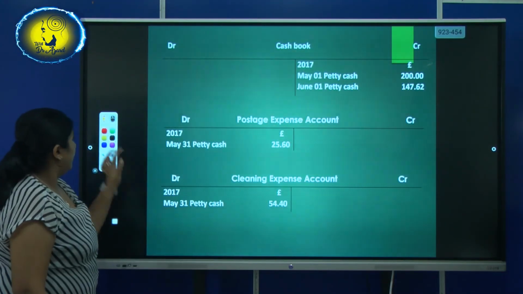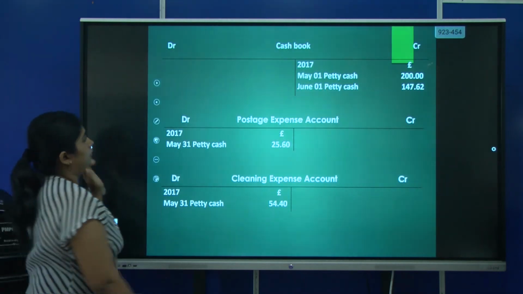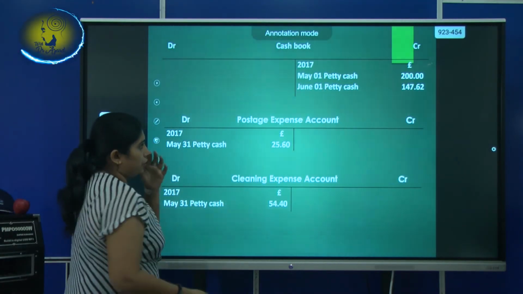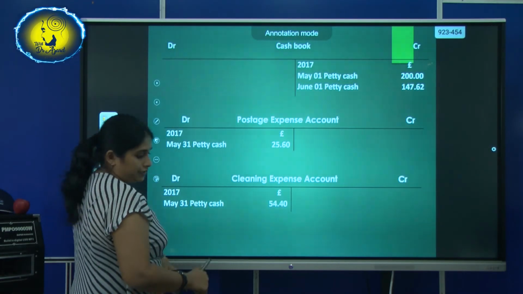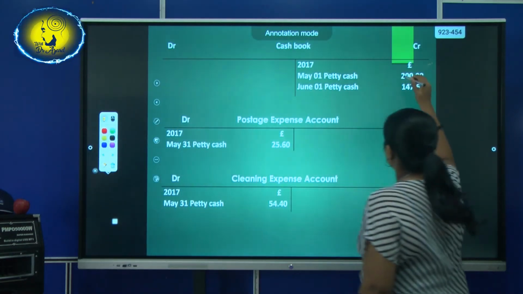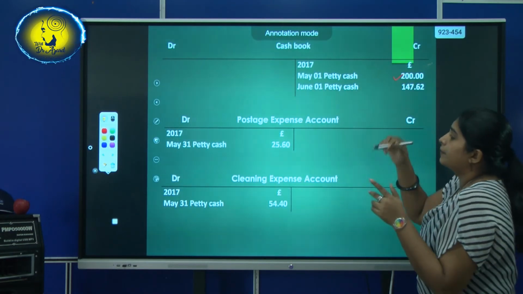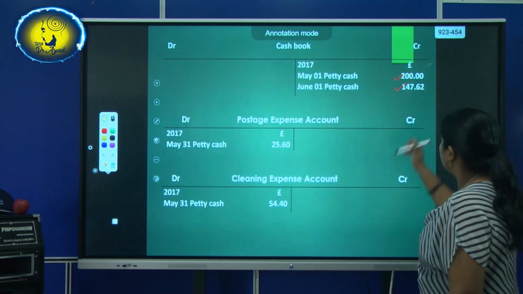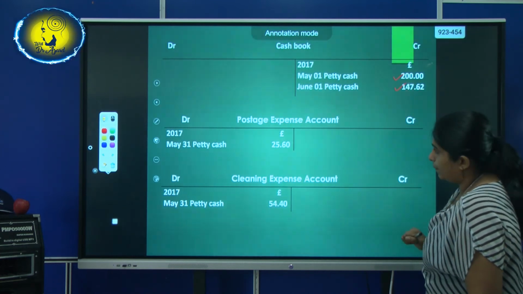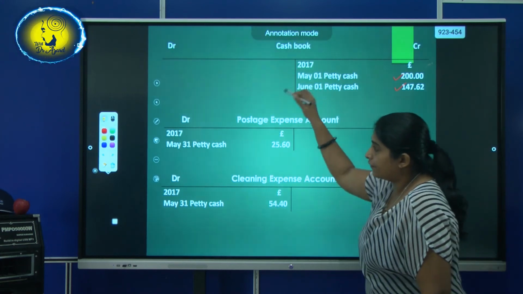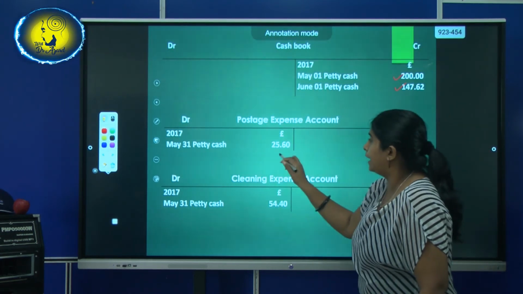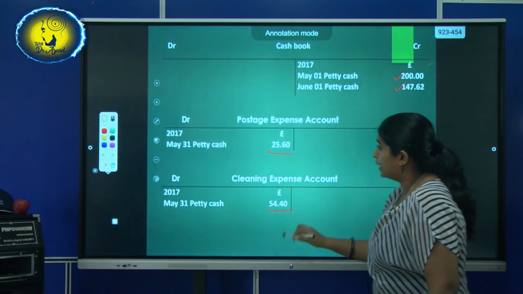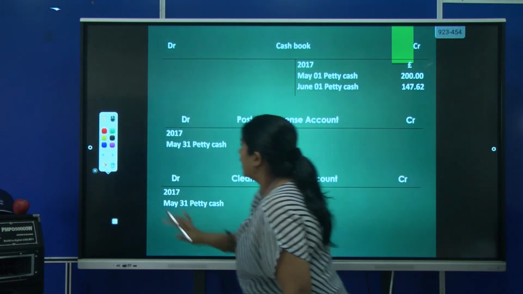So as I explained, in the petty cash, the receipt column was debited at the very beginning with 200, and at the very beginning of the next month, 147 and 62 pence. And all the totals of the analysis columns have been debited to each and every expense account.